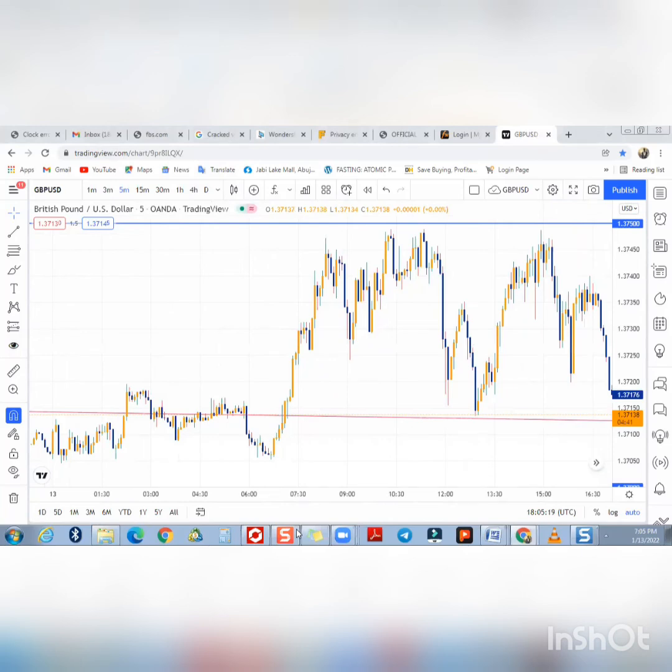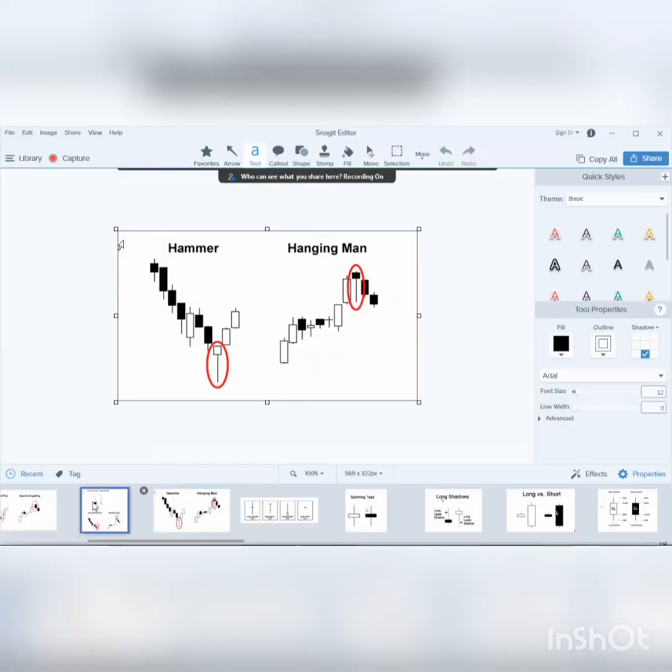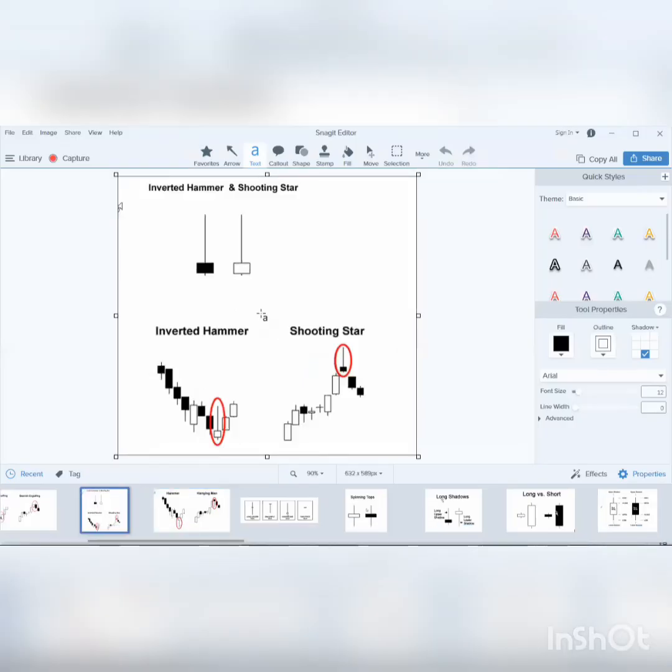So then we also have a kind of opposite to these ones, and they are the inverted hammer and shooting star. When we are talking about inverted, it is the other way around. Like the hammer and the hanging man were standing straight, guys, but the inverted are standing upside down.